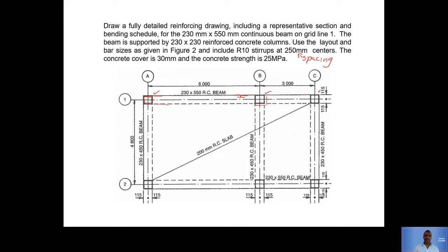Now this is what they give you in the question. Now let's go start and actually draw this the way they want it. Just for interest's sake, you've got the columns over there and the beams, and then this space in the middle, that's where you then put your concrete slab.